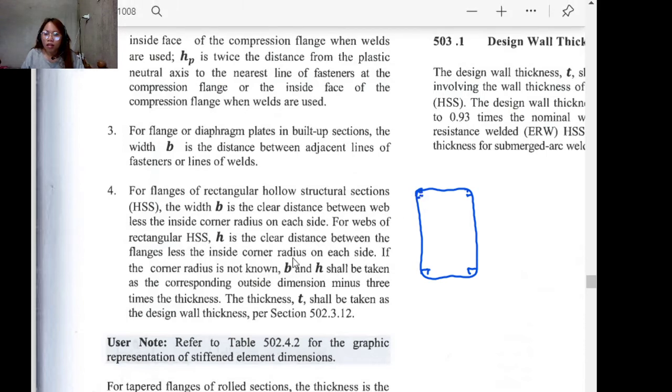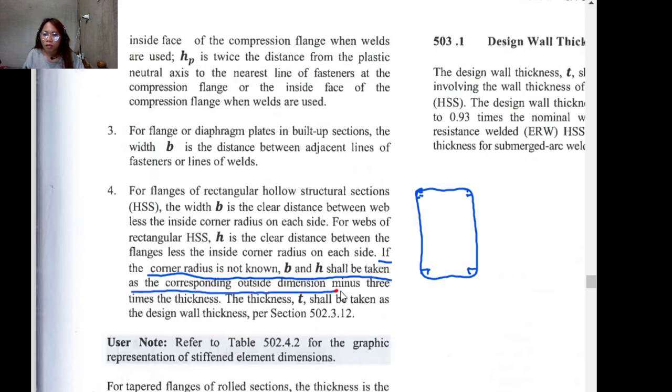But if the corner radius is not known, b and h shall be taken as the corresponding outside dimensions minus 3 times the thickness. The thickness t shall be taken as the design wall thickness, not the nominal thickness, but the design thickness.